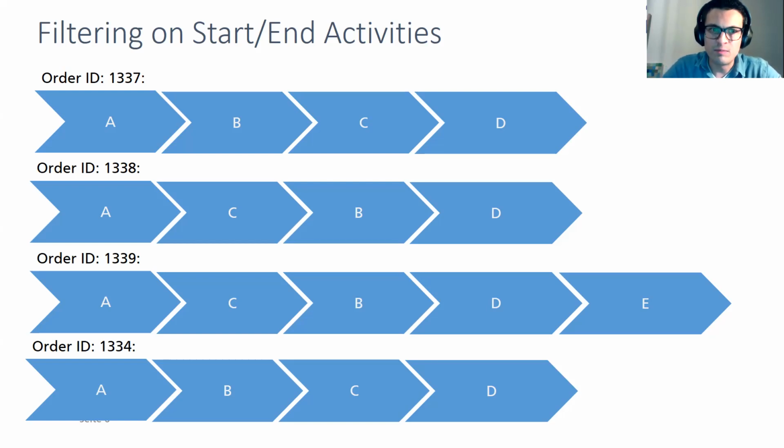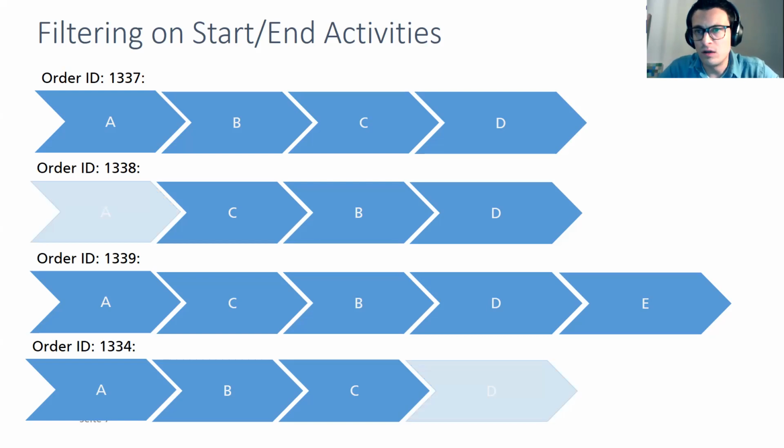Right, so it can be that, for example, in our data, for order 1338, for whatever reason, activity A was scheduled and was executed as well, but it's not recorded in our data because it, for example, happened prior to when we started recording our data.